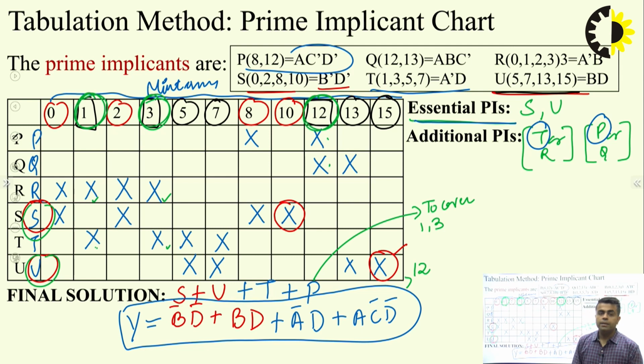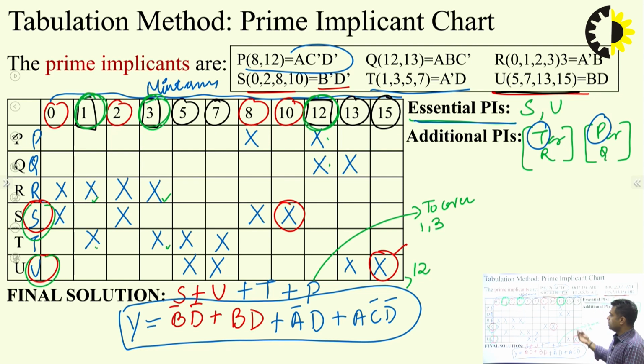And there can be a question where there is no essential prime implicant, and all the additional prime implicants we have to identify on our own, finding which grouping pattern picks the minimum additional prime implicants to cover all the possible min terms.